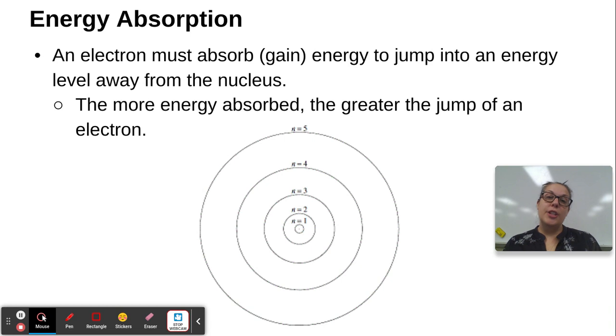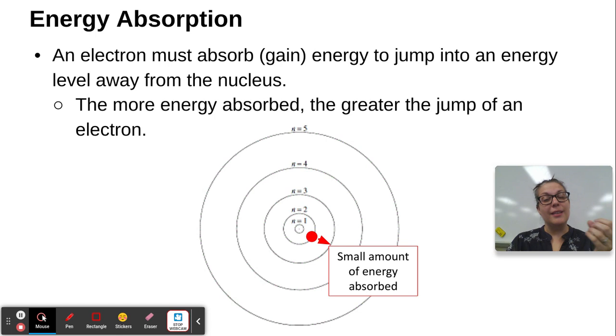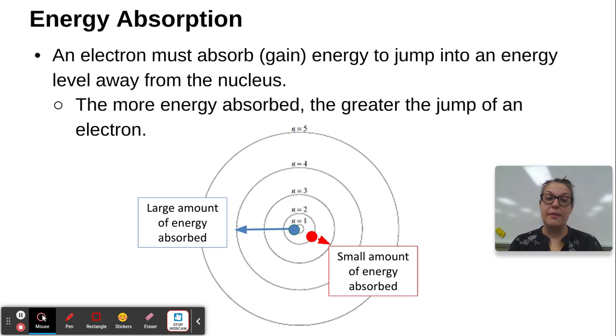So the more energy you absorbed, the greater the jump of an electron. For example, if you take in a small amount of energy, you can have a small jump, whereas if you take in a large amount of energy, you can jump even further. The more energy you take in, the greater the jump.